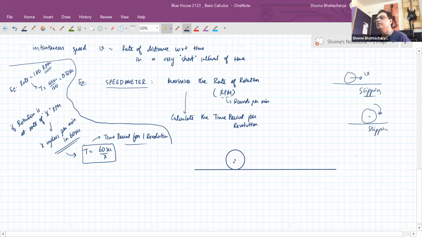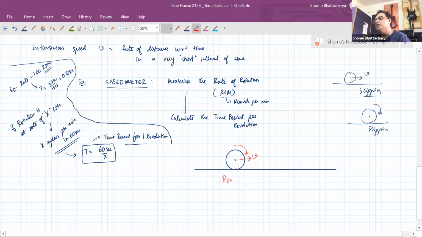Okay. But if it is doing what is called non-slipping motion, what was the answer, beta? Rolling. Very good. So there's a specific type of motion which is called rolling. In that rolling motion, there is a combination of rotation and translation such that it does not slip. The point of contact on the floor does not slip.